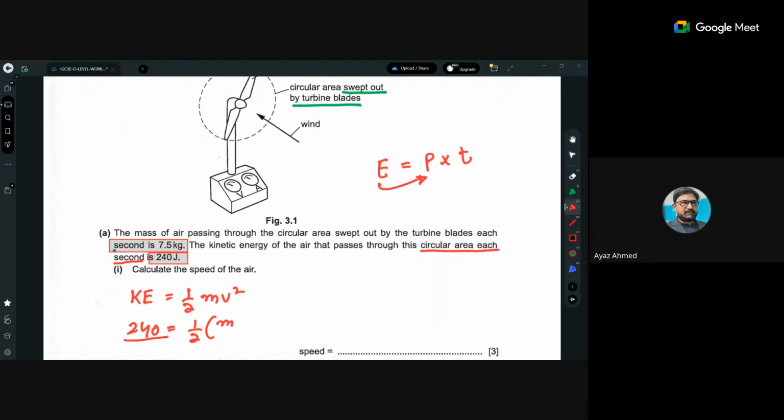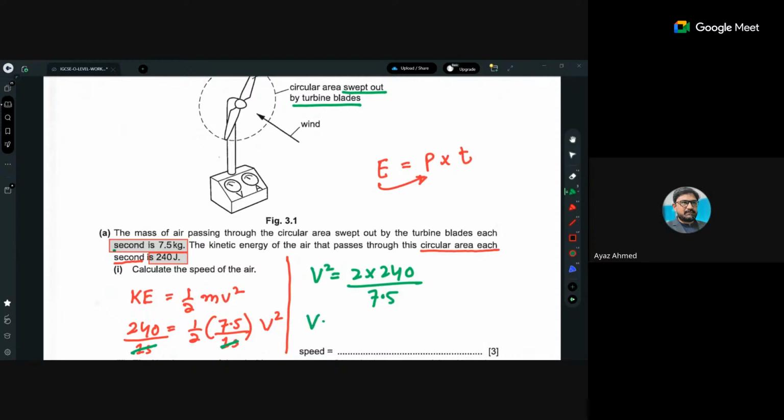It is 240 joules in 1 second, and this is 7.5 kg in 1 second. So here we will replace this value with 7.5 kg in 1 second, and then solve for v square. 1 second will cancel with 1 second, 2 will be multiplied on the other side, so v square will be equal to 2 times 240 divided by 7.5.